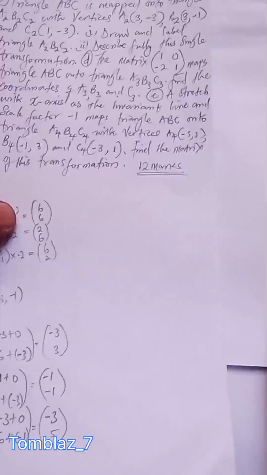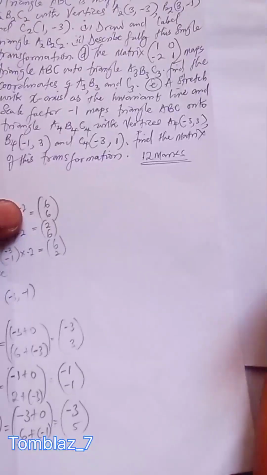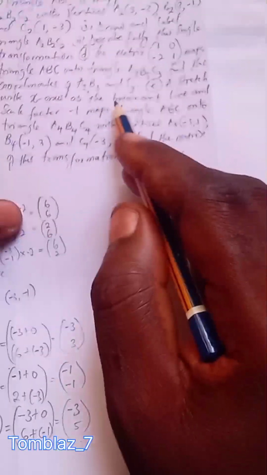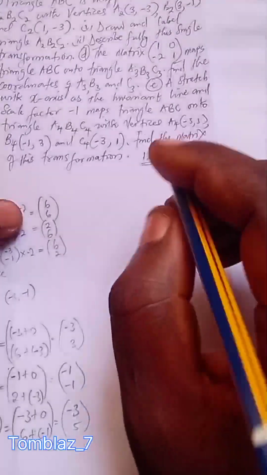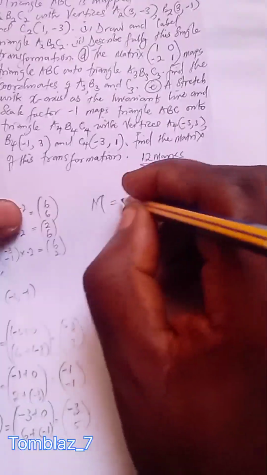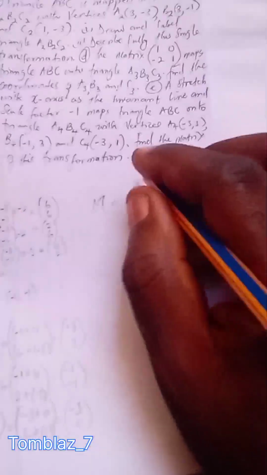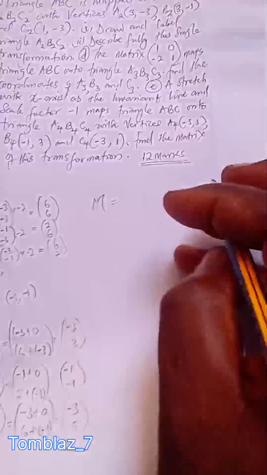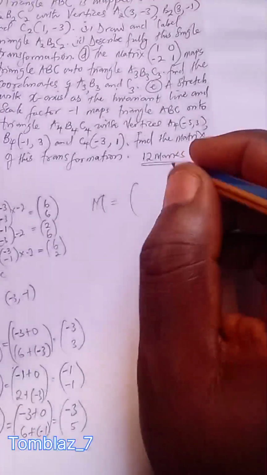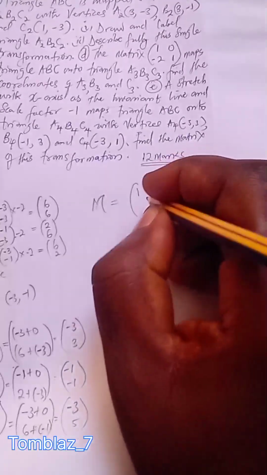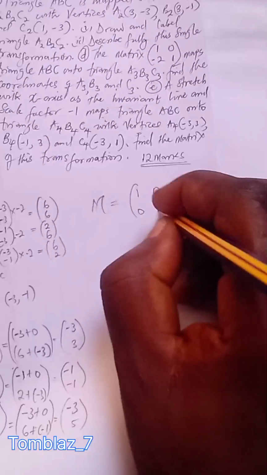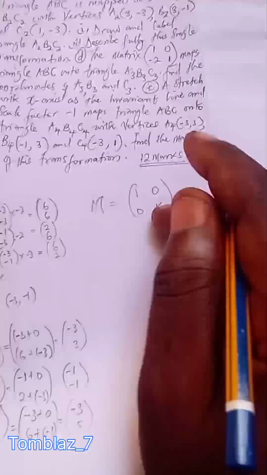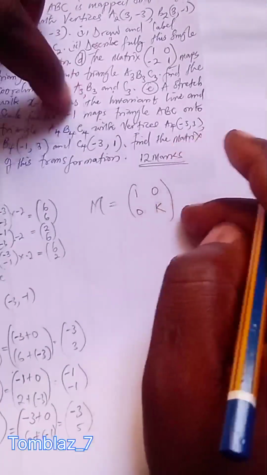Okay, so there are two formulas that I use for stretch given invariant line, right? So the matrix can be called M. If X is the invariant line, then we're going to be having the matrix to be, remember we say X, since it's the invariant line, it doesn't change, right? So the matrix will be 1, 0, and then 0 and K. This K is the stretch factor that is given.